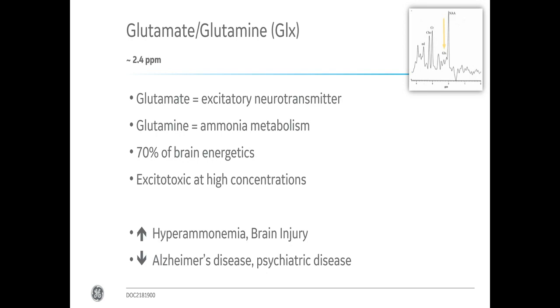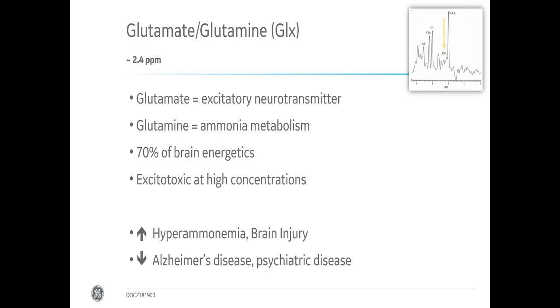In a lot of publications, you find the acronym GLX as a combination of glutamate and glutamine, as both spectral patterns are really overlaying, and it is hard to separate them at 3 ppm. Therefore, these peaks left of NAA are usually marked by GLX, meaning it's both glutamate and glutamine, even though they have totally different functions.